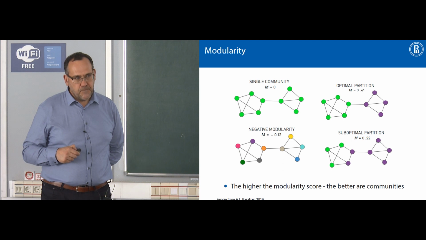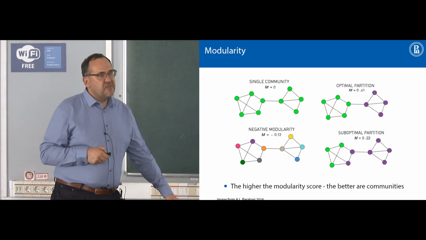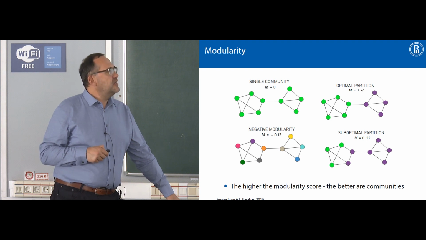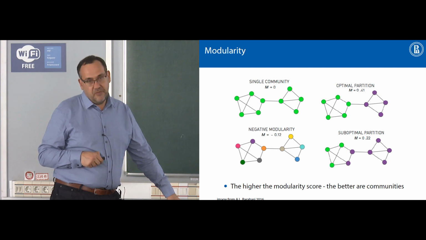So the point being, the score reflects how well you assign nodes to communities. When your assignment matches the actual community structure, the score will be pretty high. When you have a suboptimal assignment, it will be lower. When you have a crazy assignment, it will be very low.